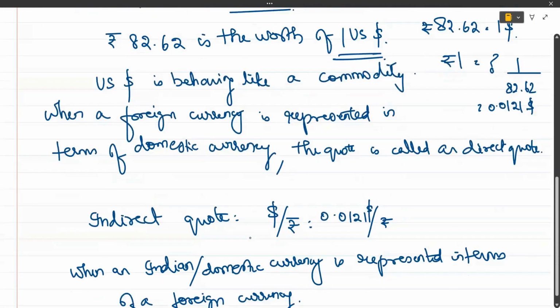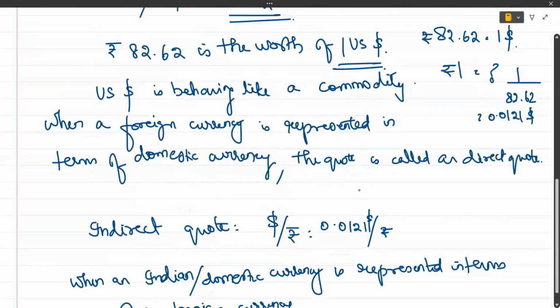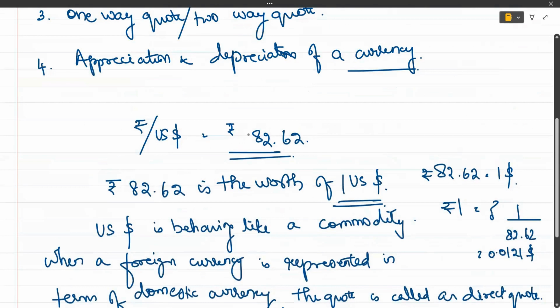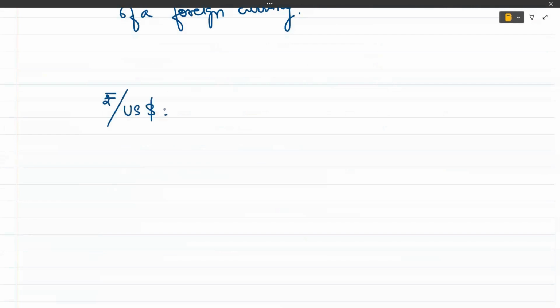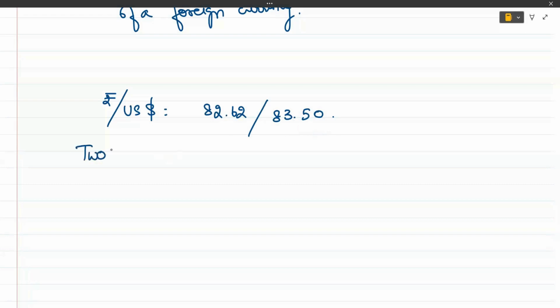This direct and indirect quote is a one-way quote because there is only one rate given. If there are 2 rates given, let me give you an example of a direct quote itself. If they say rupees per US dollar is 82.62/83.50, just random examples, this is called a two-way quote.